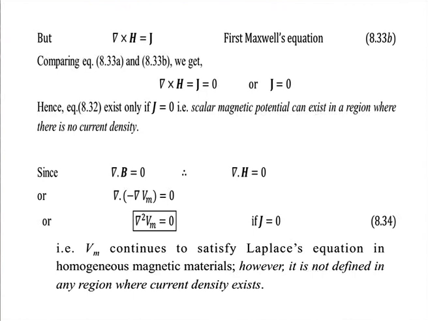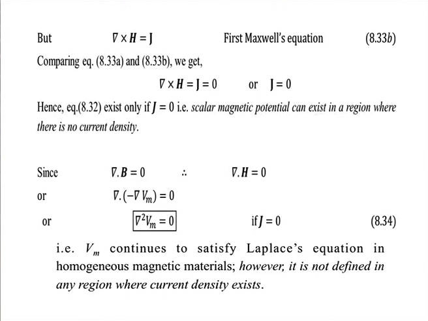If we compare equations 8.33a and 8.33b, we get curl of H is equal to J is equal to 0, or we can say J is equal to 0. Thus it means that equation 8.32, that is H is equal to minus gradient of V m, can exist only in a region where there is no current density.